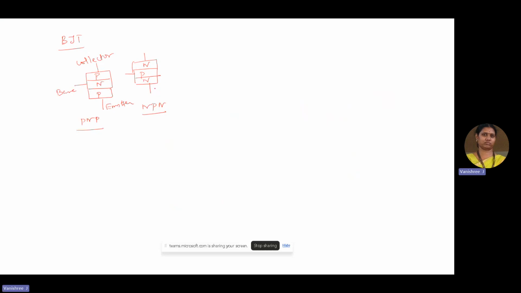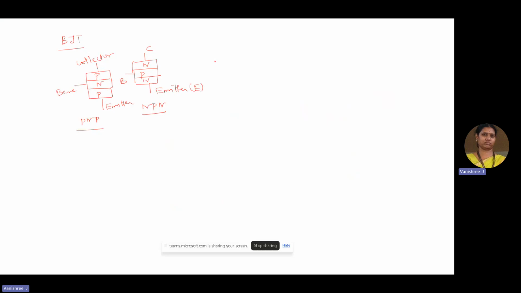Similarly, in the NPN transistor, the terminal drawn from the N layer is the emitter terminal, denoted with E, the terminal drawn from the middle layer is the base, and the other one is the collector terminal.